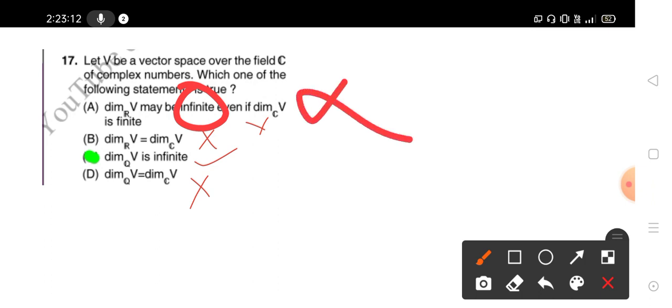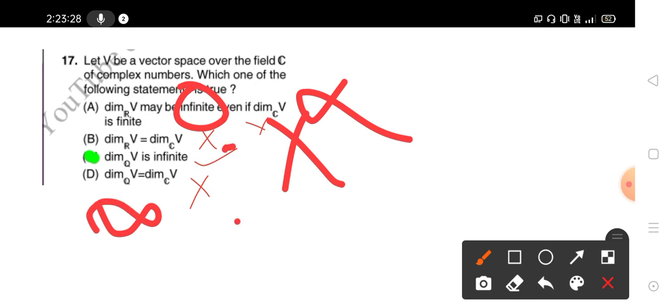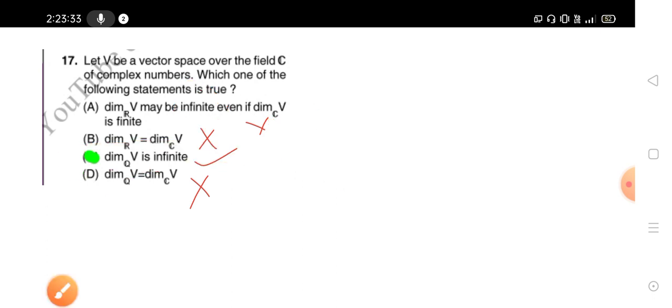If dimension of V over R equal to dimension of V over C, this is also not possible. And dimension of V over Q is infinite, this is not possible. Therefore, option C is correct. Other options are wrong.